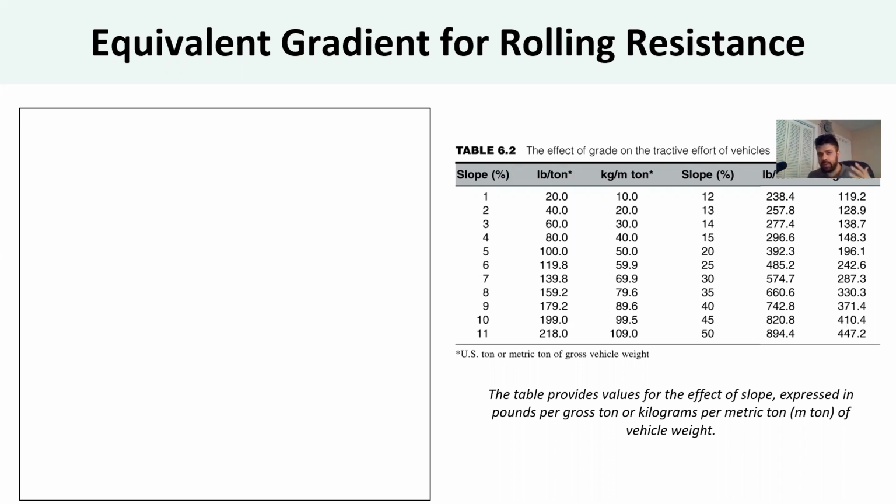So we convert rolling resistance into equivalent grade resistance to be able to sum them up as one number that shows the combined impact of grade and rolling resistance in percent of slope. That's the main idea. So the total resistance is this.